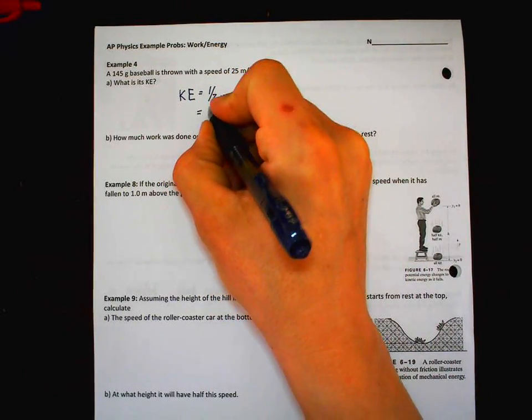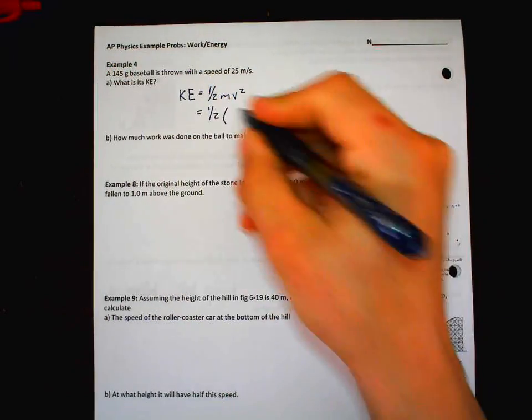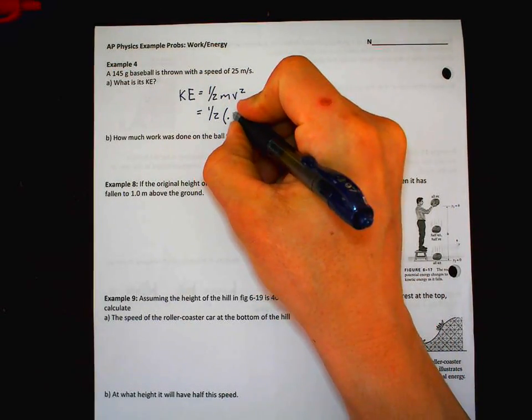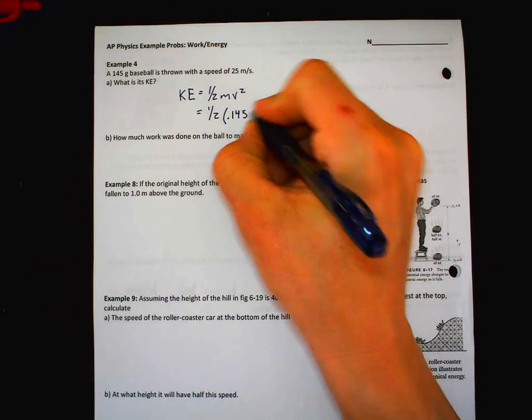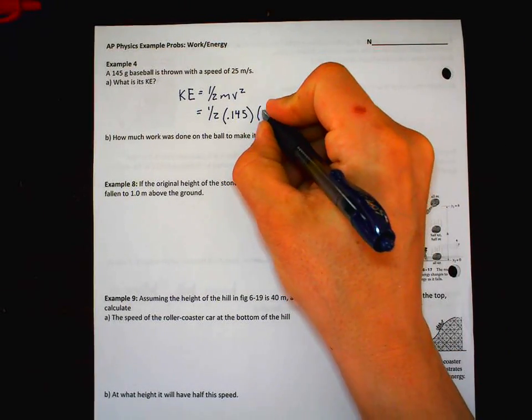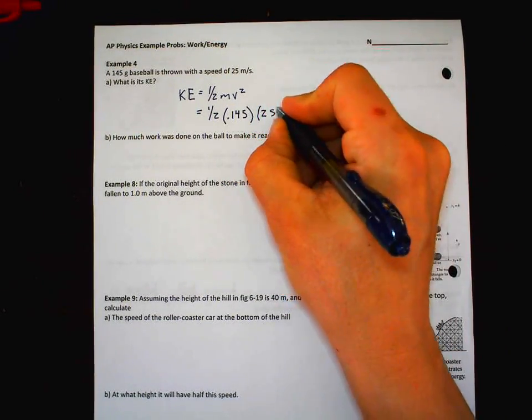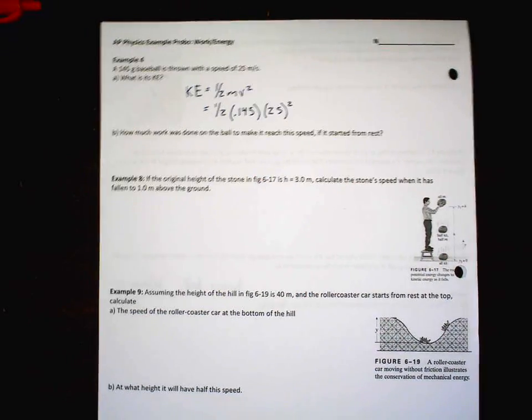Only thing that's tricky here is we need to pay attention to units. That is going to need to be converted to kilograms. So we'll say 0.145, 3 decimal places. And another common mistake is not squaring your speed. So make sure you square the 25 there.